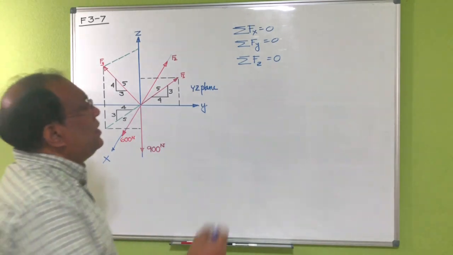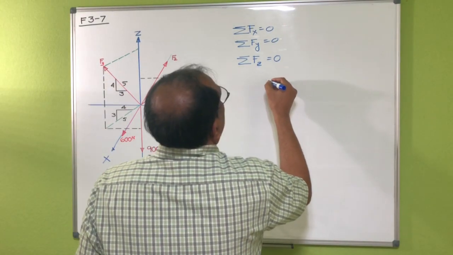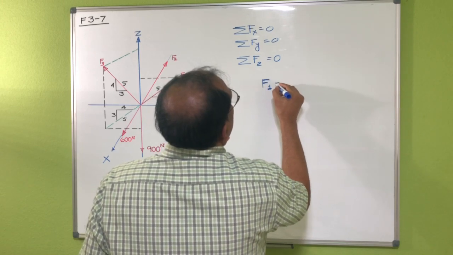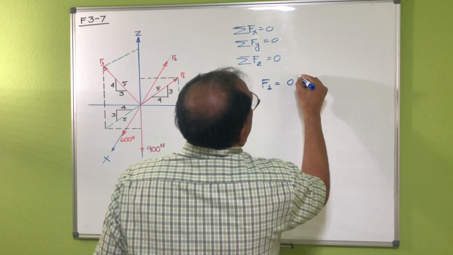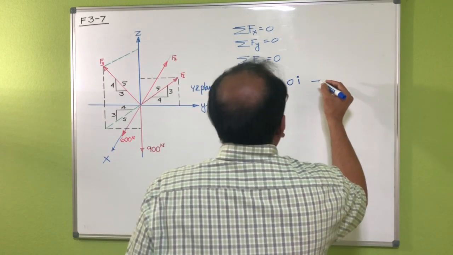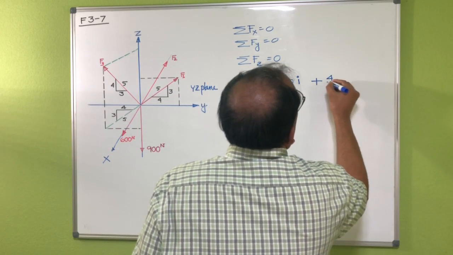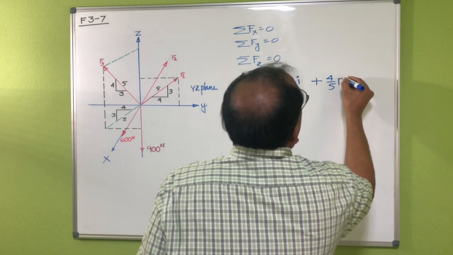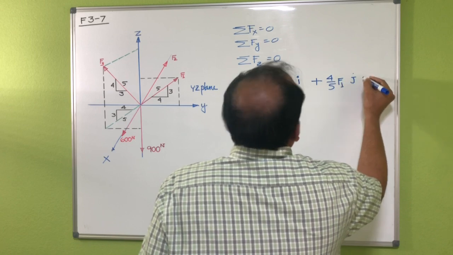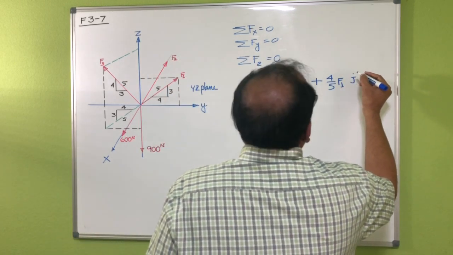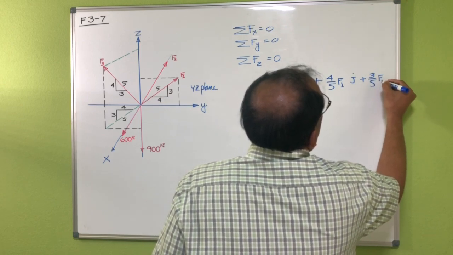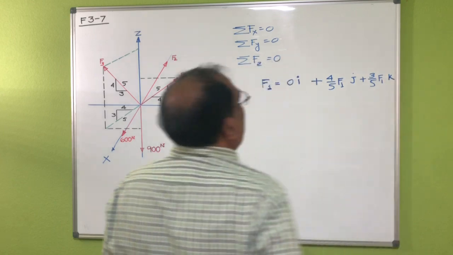So I can write the force vector F1 equals 0i plus 4/5 of F1 j plus 3/5 of F1 k.